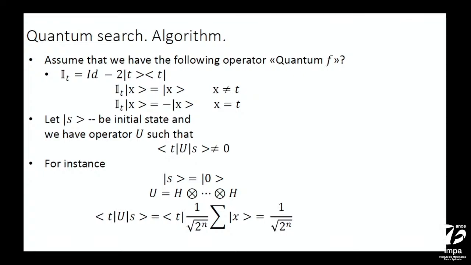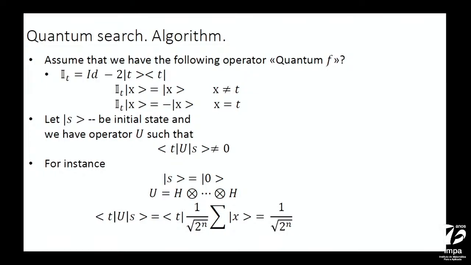So they are not orthogonal, and I should know this value. For Grover's algorithm, I don't need such generality. I can just use a particular S, which would be 0, and a particular U, which is just the Hadamard gate applied to every qubit.